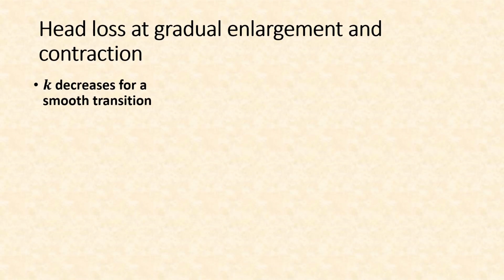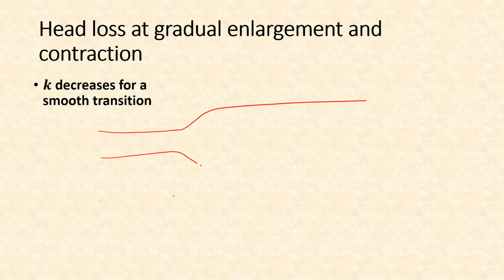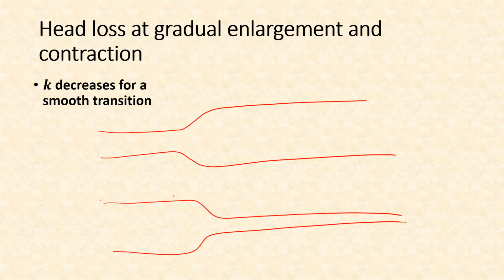Now head loss at gradual enlargement and contraction. If instead of this kind of enlargement or contraction, we can make them very gradual like this or this, then the value of K will decrease drastically, depending on how smooth these transitions are.